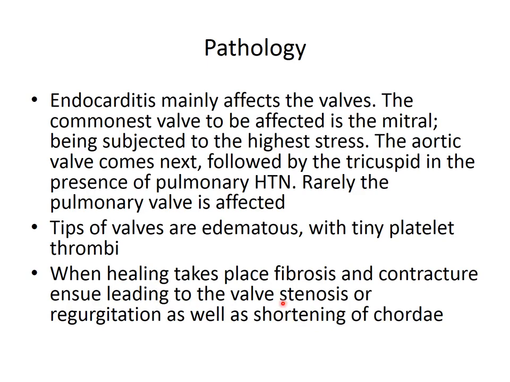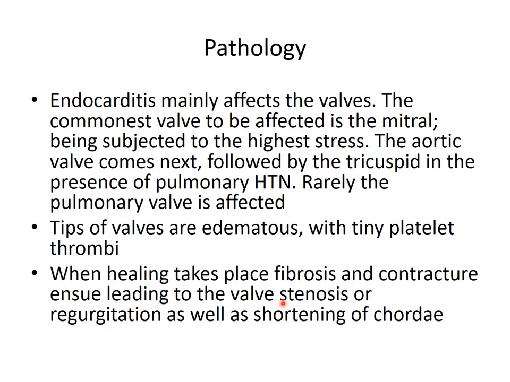The endocarditis mainly affects the valves. The commonest valve to be affected is the mitral, being subjected to the highest stress. The aortic valve comes next, followed by the tricuspid valve in the presence of pulmonary hypertension, and rarely the pulmonary valve is affected. It may be affected in around 8% of cases in acute rheumatic fever.